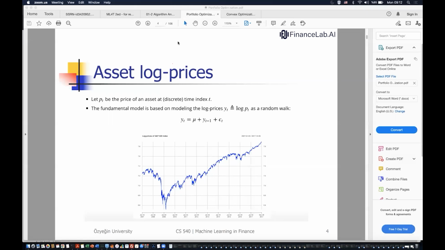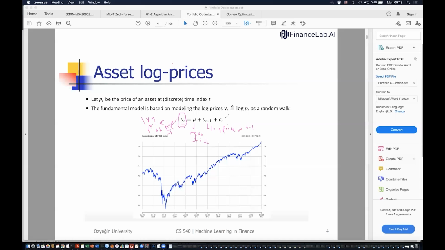We use the logarithmic prices because the logarithm of prices models a random walk. And the model here will be something like y_t, which is the log price at time t, equal to some mean drift plus y_{t-1}. So this is the mean drift, basically the mean addition to the log price at the previous time step, where y_{t-1} is the log price at t minus 1.